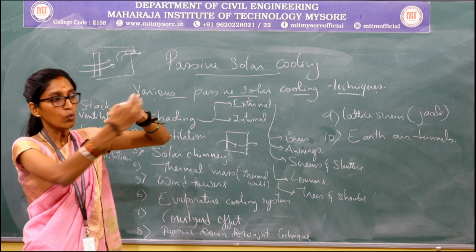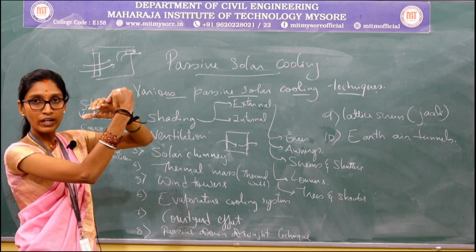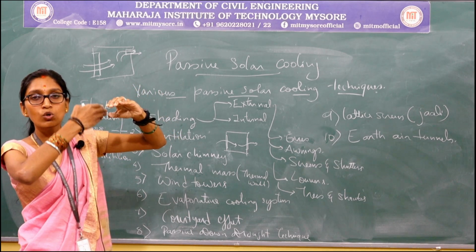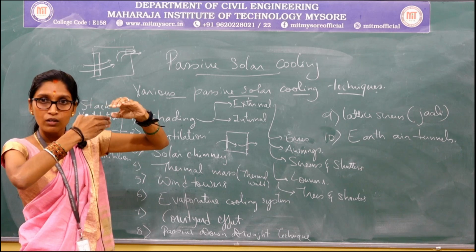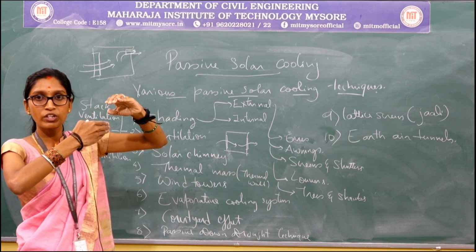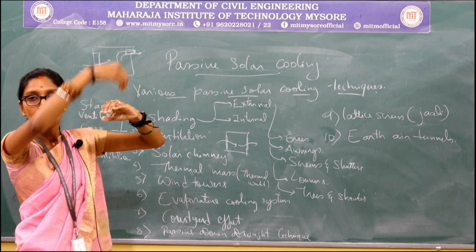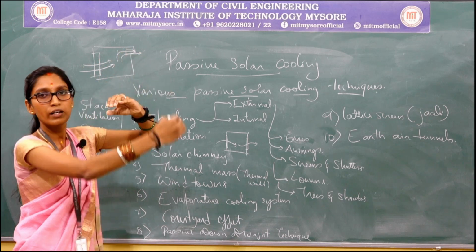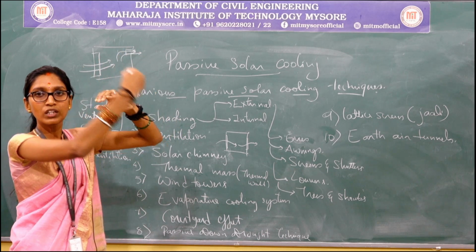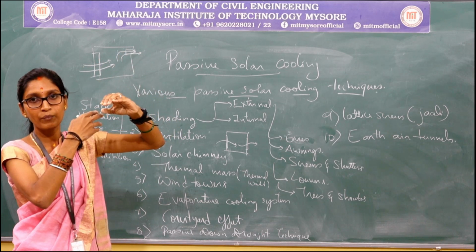Why? Because when heat is falling in one direction, the other direction would have been cooling due to the shade that is generated. The other region is not receiving the heat. So with the rising of the sun and the setting of the sun, during the heating of one end, the cooling would be happening, right?